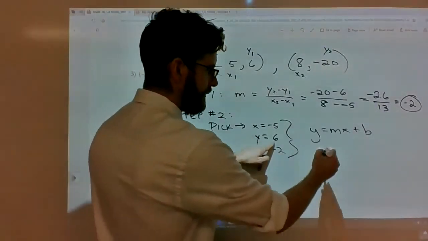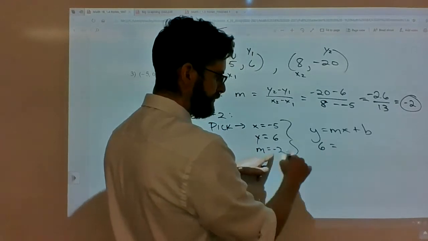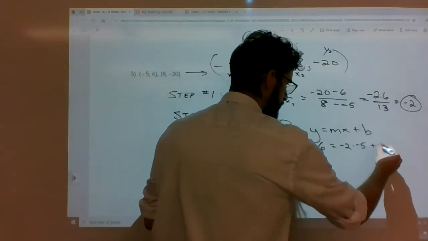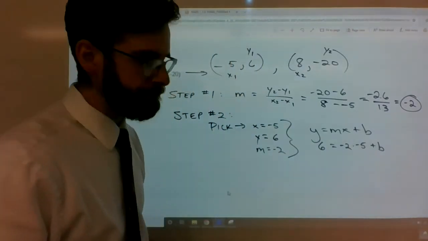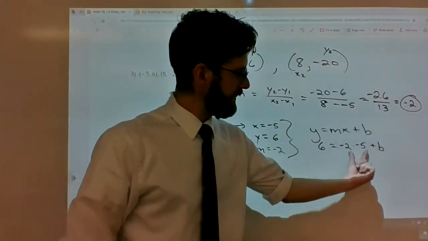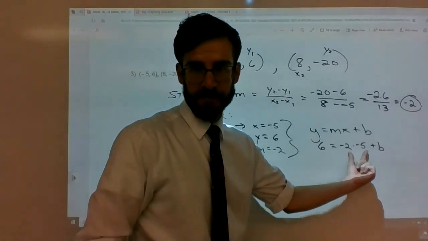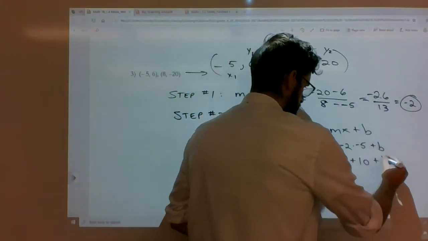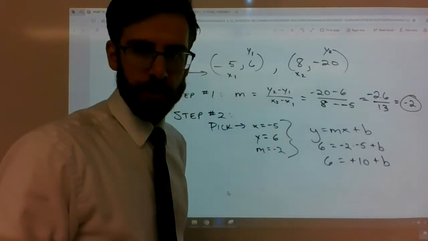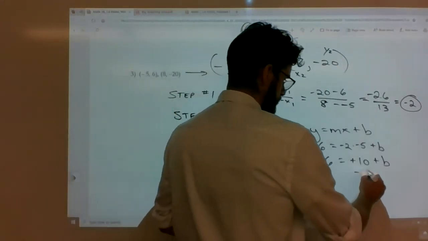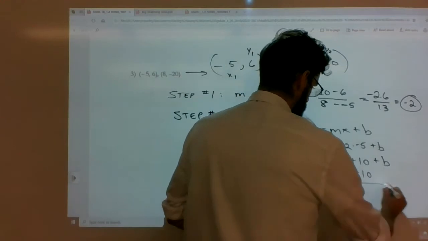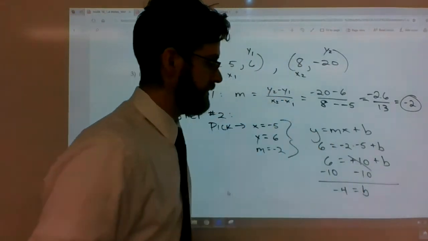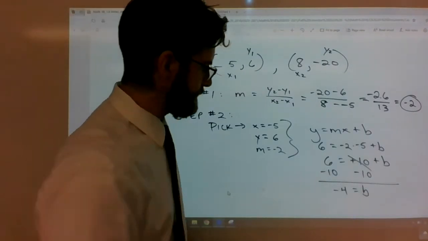So 6 for the y, negative 2 for the m, negative 5 for the x, and then plus b. This is going to be positive 10 because a negative times a negative is a positive. And then we're going to subtract 10 from both sides. Step 2 is complete. We got negative 4 equals b.